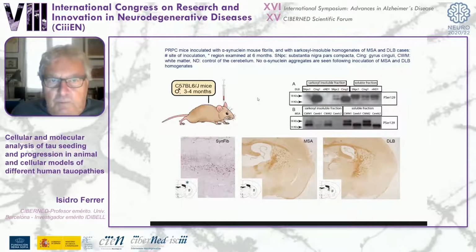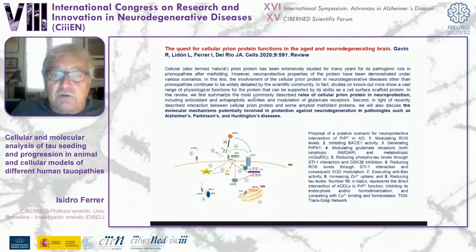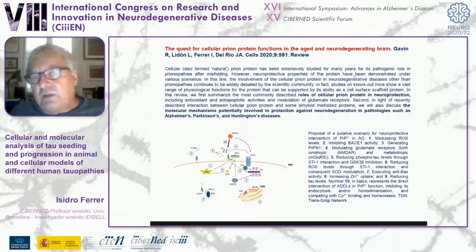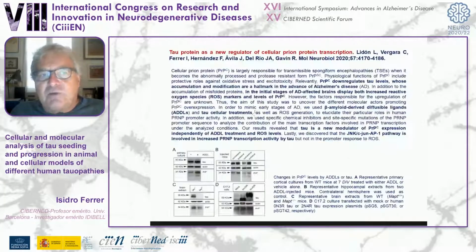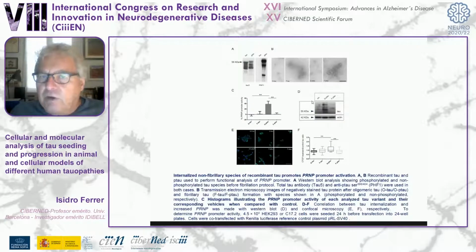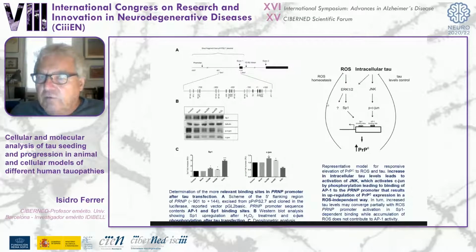Well, and this has served to go to another protein, the prion protein, and we have seen that the prion protein does not only interact with beta amyloid, but is also very useful in the regulation of tau, because PrP regulates tau, and also tau regulates the production of PrP protein.